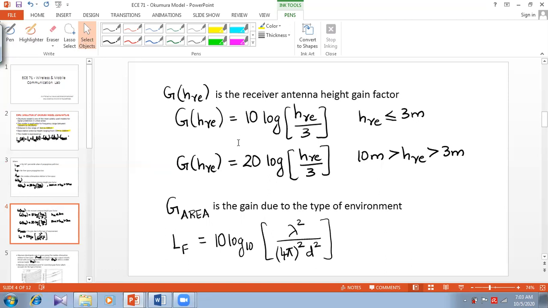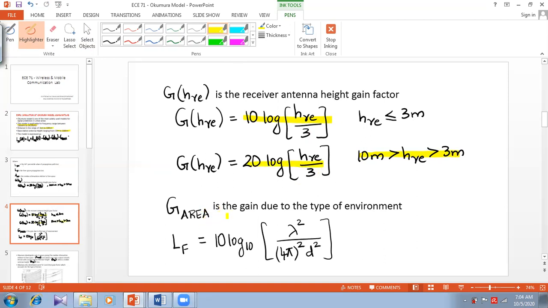Here there are two considerations. If the receiver antenna height is less than 3 meters, we use the formula 10 log of hre by 3. Similarly, if the height of the antenna lies between 3 meters and 10 meters, we use the formula 20 log of hre by 3.